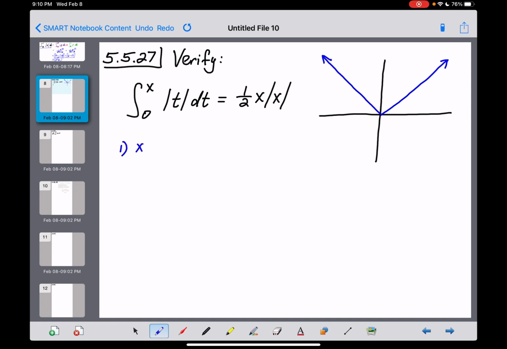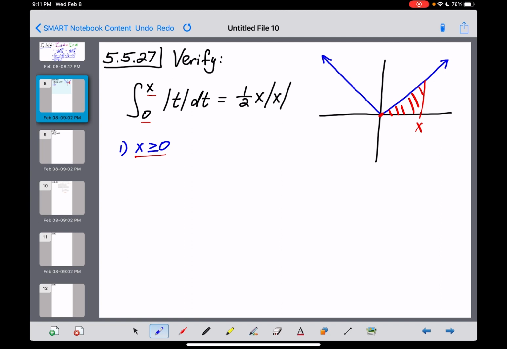The first one right here, what happens if x is greater than or equal to 0? That would mean that we're starting this integral at 0 and ending at some value of x, which is going to be positive. So an integral that starts here and ends over here somewhere. That's going to create a triangular region like this that is going to be above the x-axis.